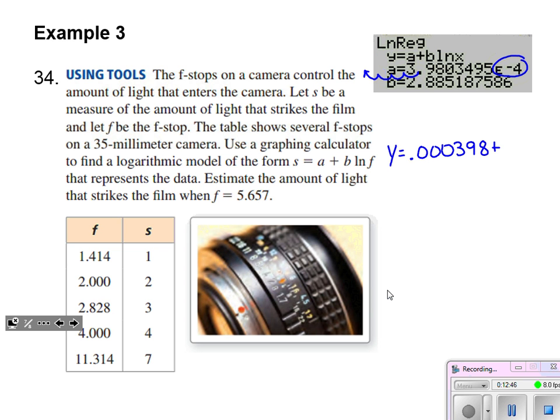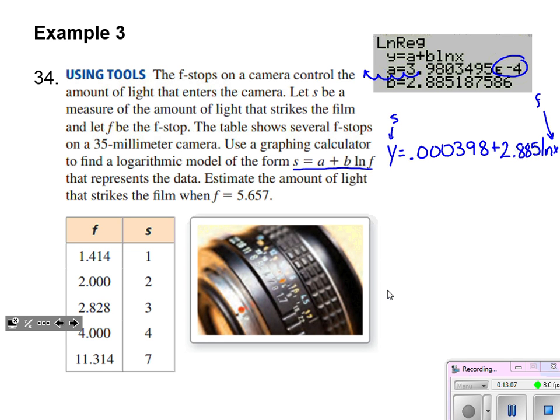And then plus 2.885 times the natural log of x. Okay, so we're following the format that they wanted, and I used y's and x's, but really it should be S equals that function with F as an input.